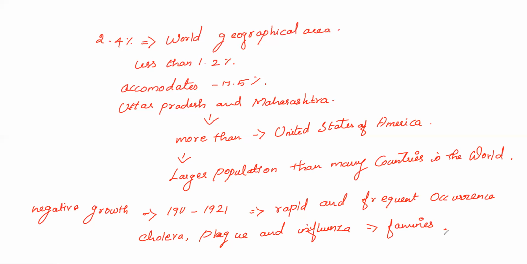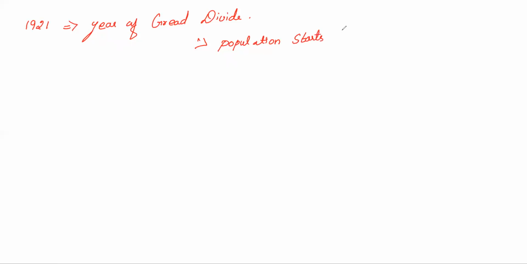Okay, so the year 1921 is known as the year of Great Divide for India's population, as population starts increasing.